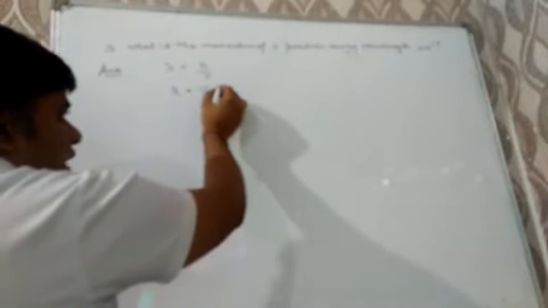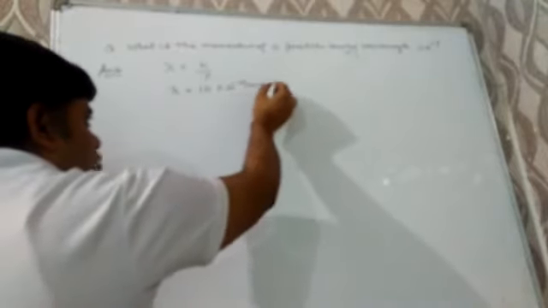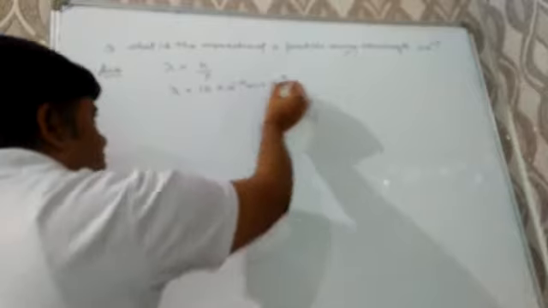Here, applying the formula, lambda is equal to h by p. Lambda is given, that is 10 angstrom. It means 10 into 10 to the power minus 10 meter, that comes out to be 10 to the power minus 9 meter.